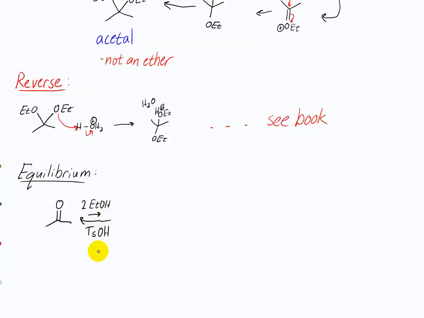So the equilibrium constant is less than 1. Maybe you just heat it? No, actually, heating can actually make it worse. You need to remove the water. So the byproduct to this is water.